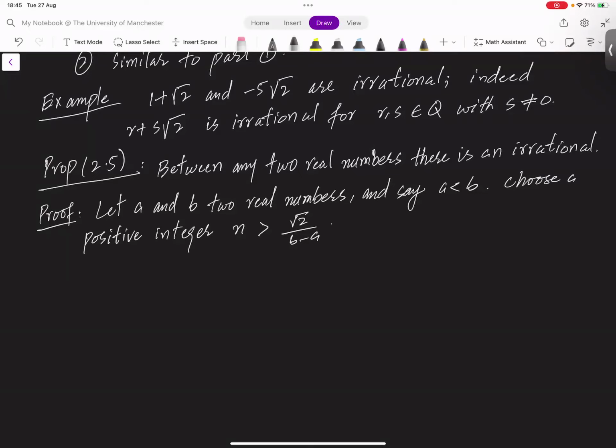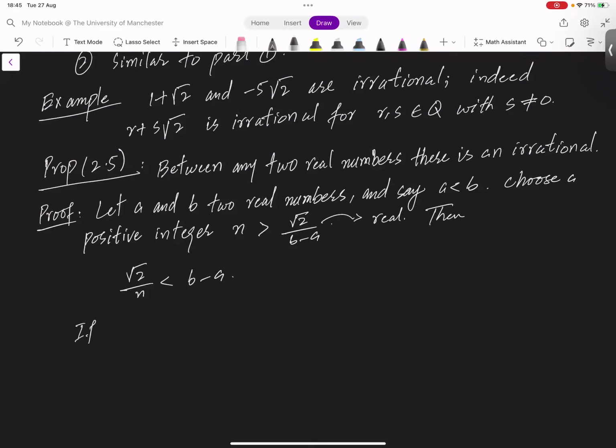This is an integer and this is real. Then under root 2 over n is less than b minus a.